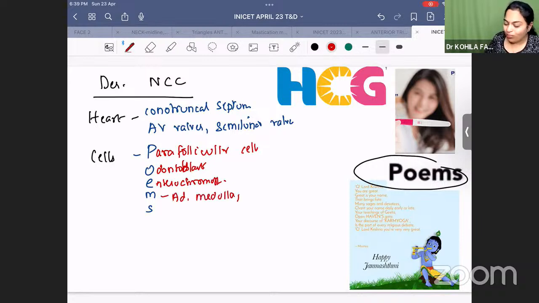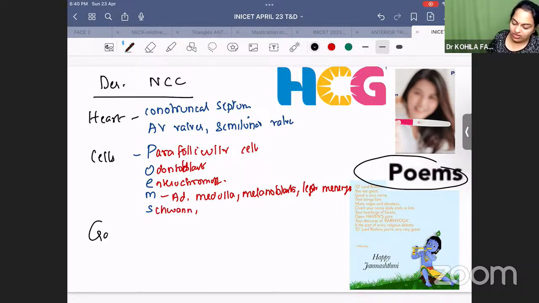Any other M you know? Melanoblast. One more, the leptomeninges. What are leptomeninges? Yes, the arachnoid and the pia mater. S is for the Schwann cells, satellite cells, all the neuroglial cells. G is for the ganglia.